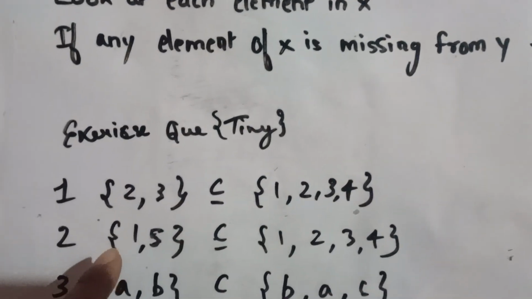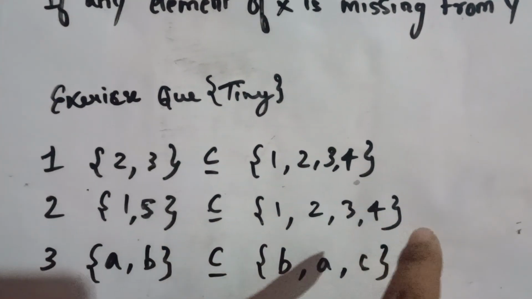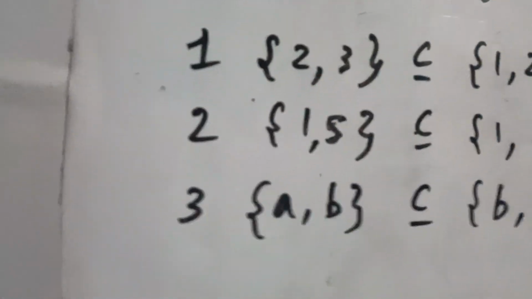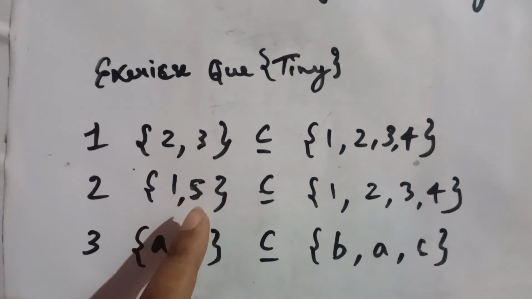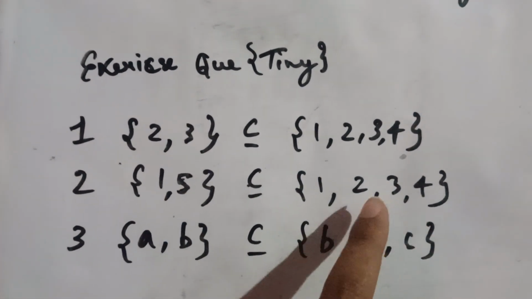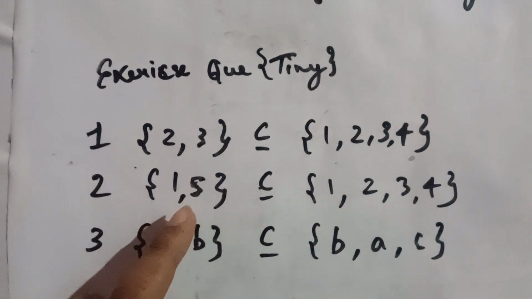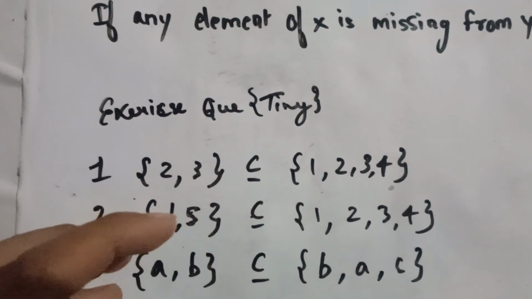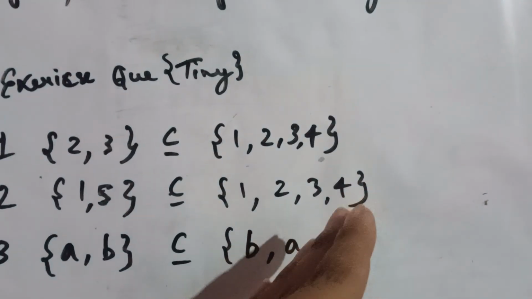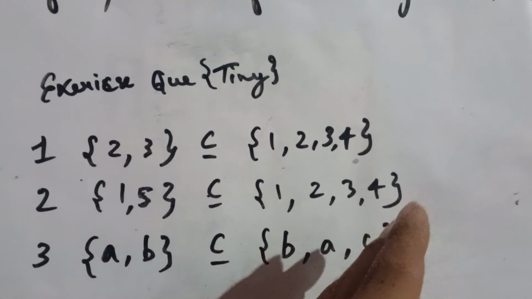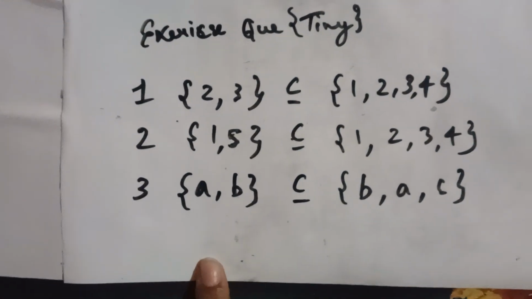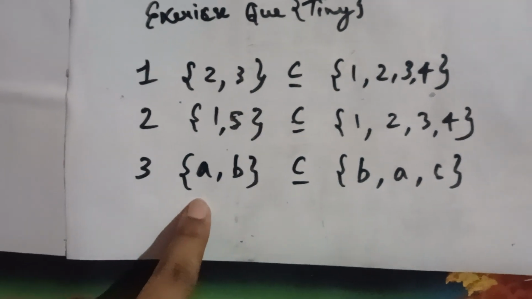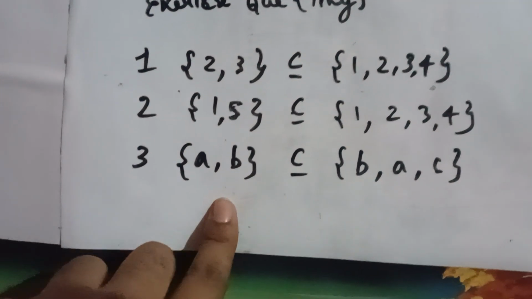True. 1, 5, is this a subset? No, it's actually not, because it has 5 here but the other set does not have 5. X has 5 and it's looking for a 5, but there is no option to choose for 5, that's why it's false.